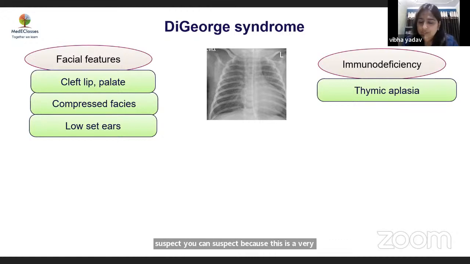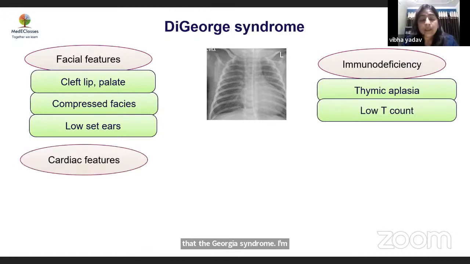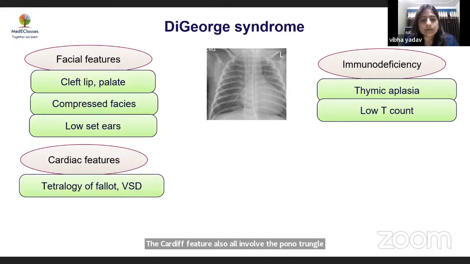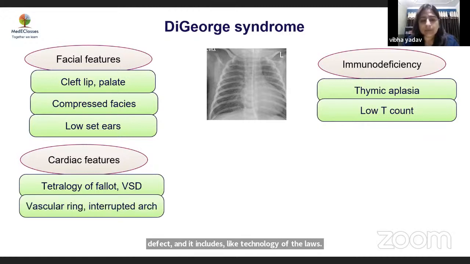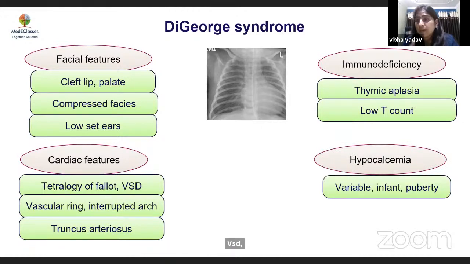And there is a low T cell count. The cardiac features all involve conotruncal defects, including tetralogy of Fallot, VSD, vascular ring, interrupted arch, and truncus arteriosus. It presents with hypocalcemia, which can have variable presentation. It can present either in infancy or in puberty.